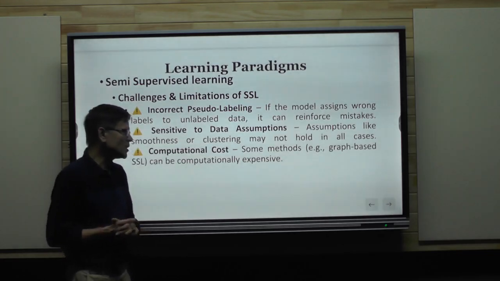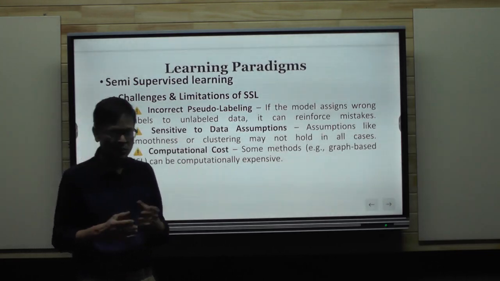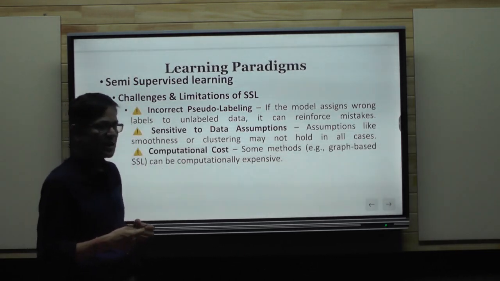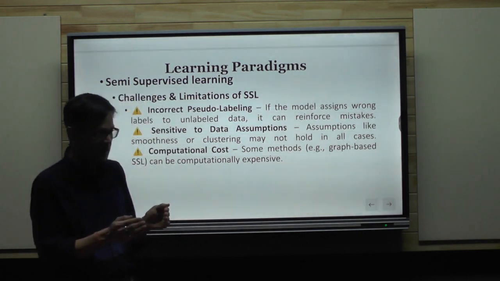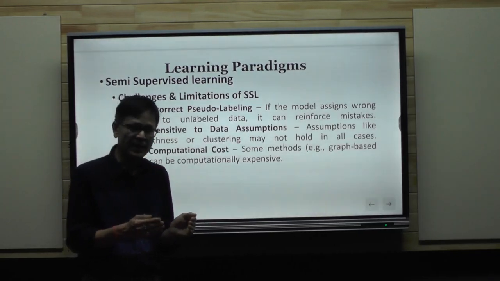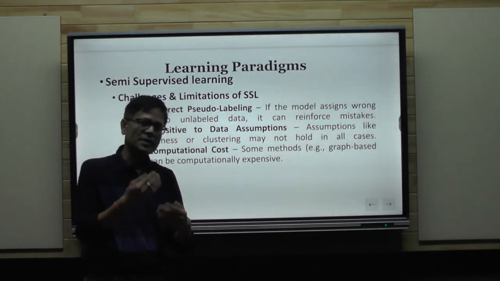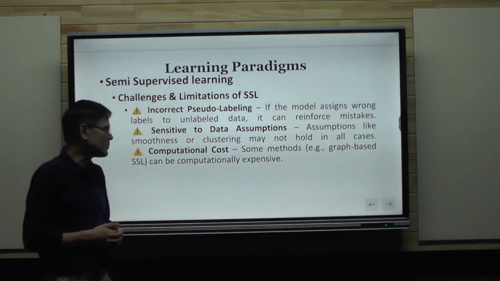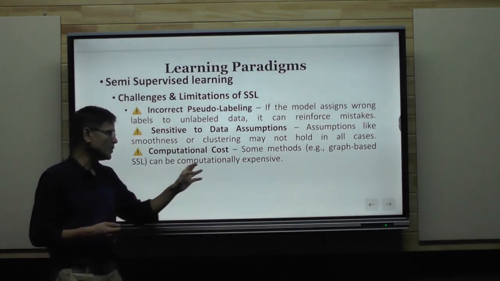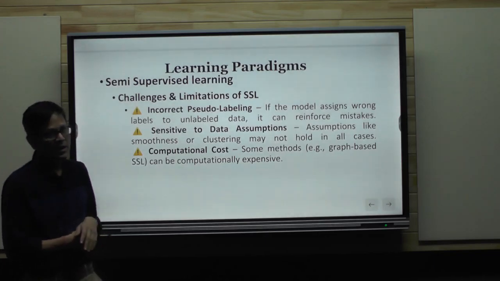And computational cost, because whenever you find some confident labeling of the unlabeled data, you add it and you retrain. So it is an iterative process. For example, graph based SSL can be computationally expensive.